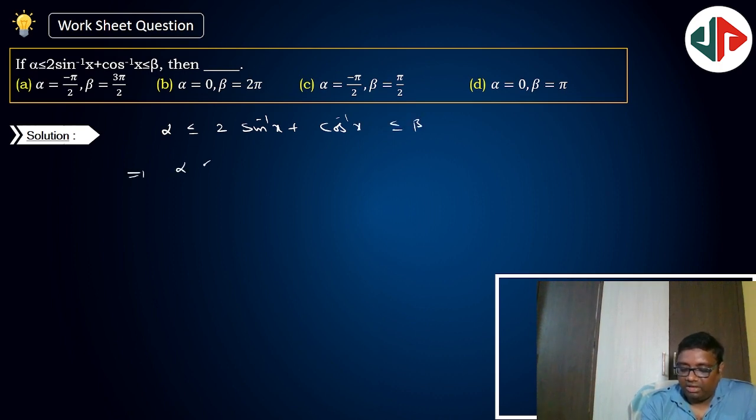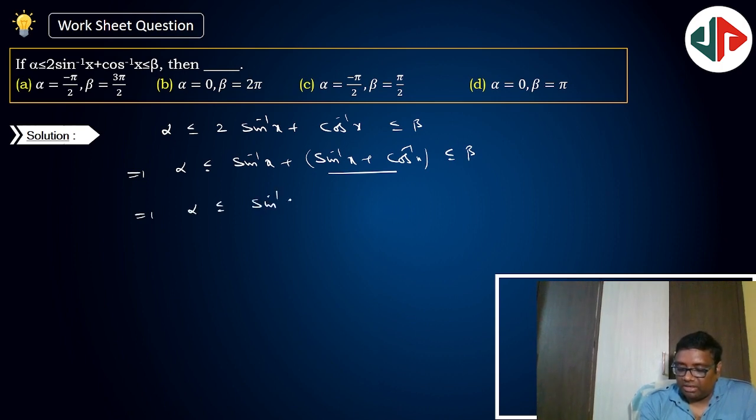Can we rewrite this as alpha less than or equal to sine inverse of x plus cos inverse of x less than or equal to beta? It is nothing but pi by 2 only. Sine inverse of x plus pi by 2, less than or equal to beta.